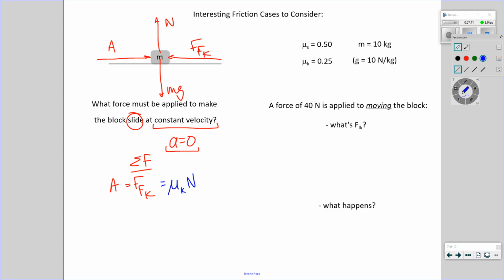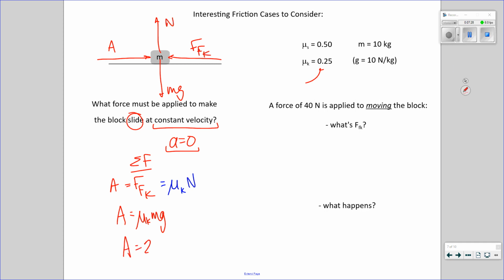And as we said before, via a net force in the y direction, the normal force is equal to mg. So we can say that A is mu k mg. And there's mu k, and there's m, and there's g. So the applied force required to keep this thing moving at a constant velocity is 25 newtons.